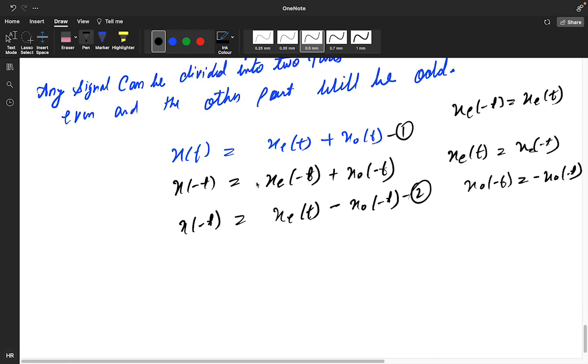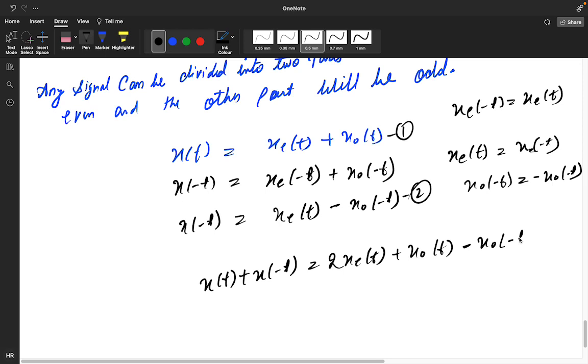Add both equation 1 and 2. If you add these equations, what will you get? x of t plus x of minus t equals 2 x e of t, and the x naught of t and minus x naught of t terms are the same, so they cancel out.